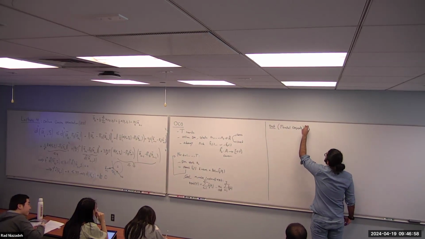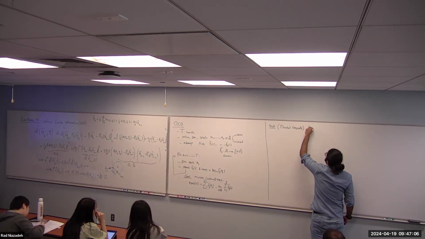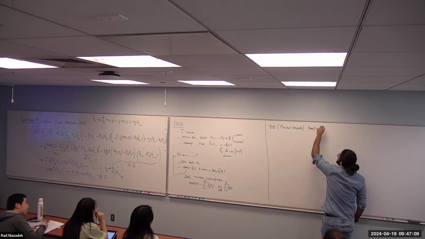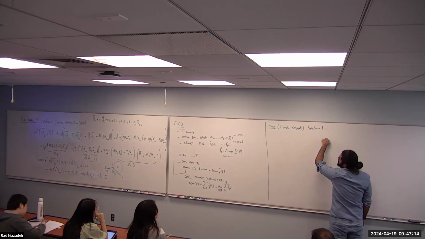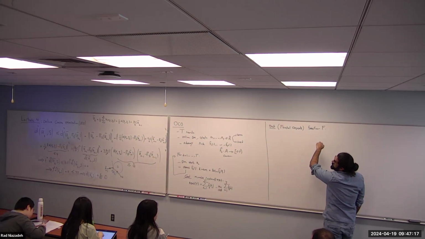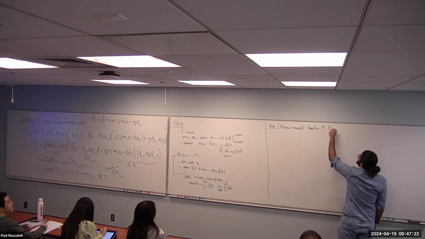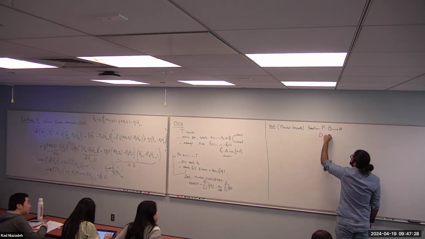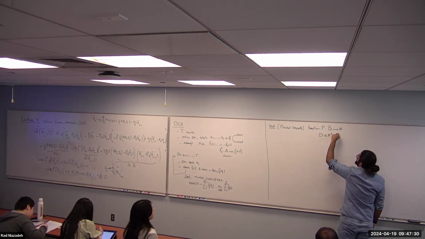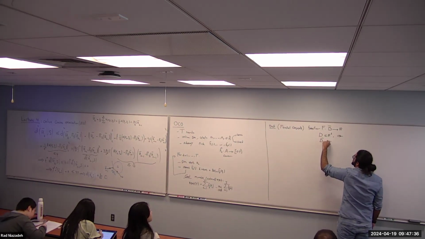Suppose you have a function f. It doesn't necessarily need to be convex. For the purpose of this lecture, f is from D bar to R, where D is an open subset of R^d, it doesn't need to be closed, and D bar is the closure.